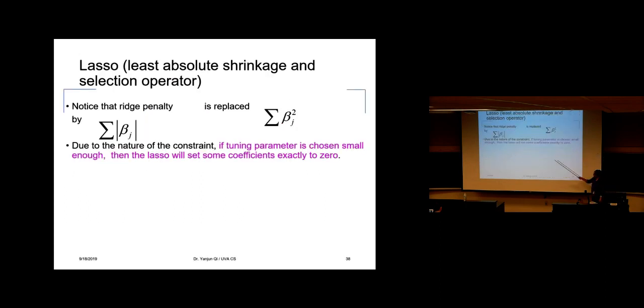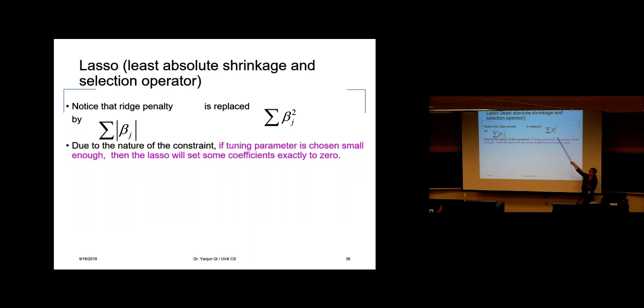Essentially, lasso versus ridge regression just replaced the L2 norm with the L1 norm. Hopefully you remember what the L1 norm is. It's just a summation of absolute values of each entry, and it replaced the L2 norm, which is the quadratic of each entry, then take the summation.